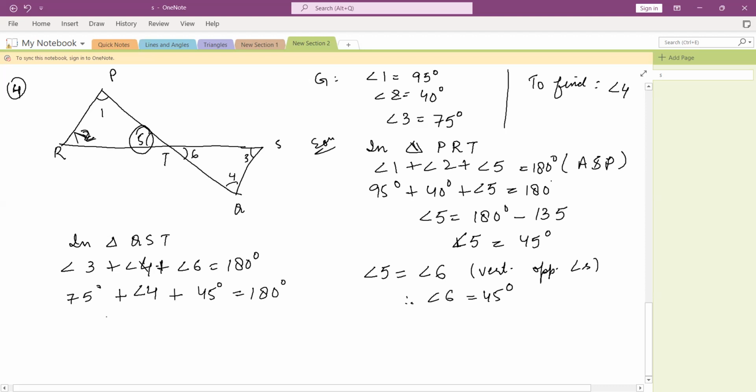So just add it. What will you get? Angle 4 will be equal to 180 degrees minus 120. Yes, 120. So angle 4 will come out to be 60 degrees. So this is what we were supposed to find out. Or you can write its name, angle TQS is equal to 60 degrees.